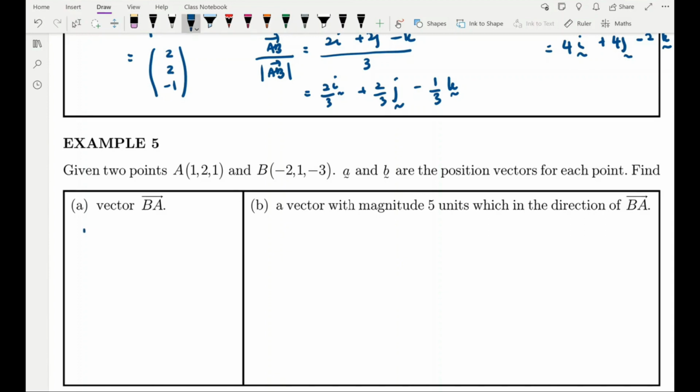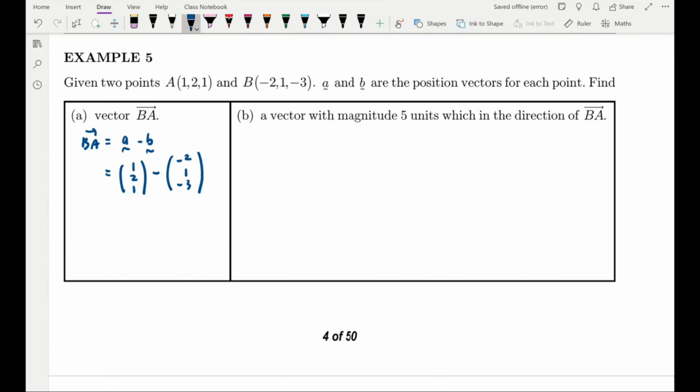So BA means vector A minus vector B, the back one minus the front one. So A (1, 2, 1) minus B (-2, 1, -3) equals (3, 1, 4), or BA equals 3i plus j plus 4k.